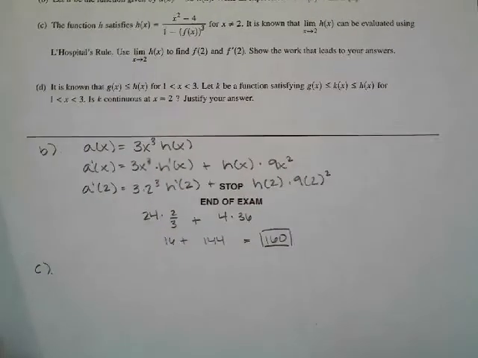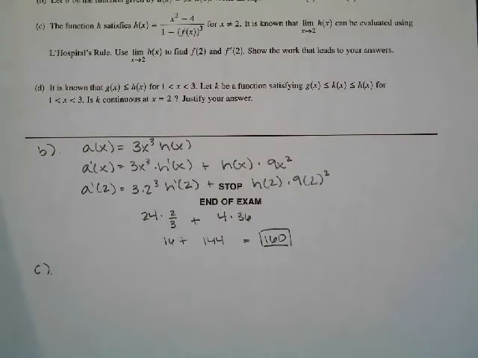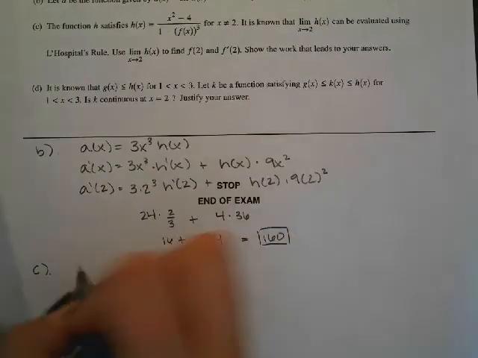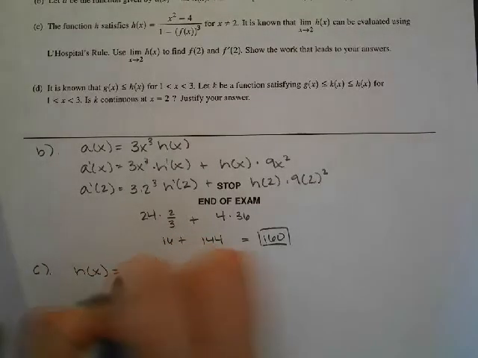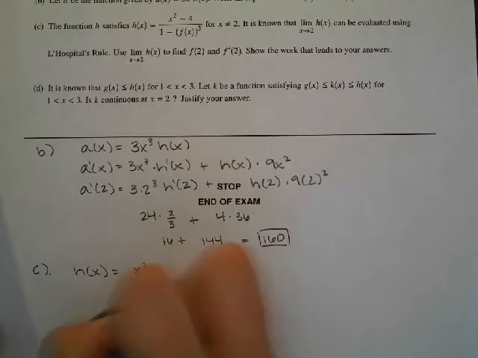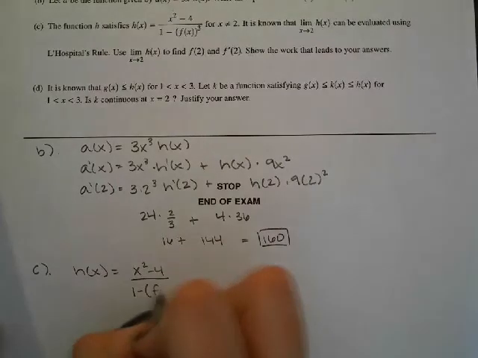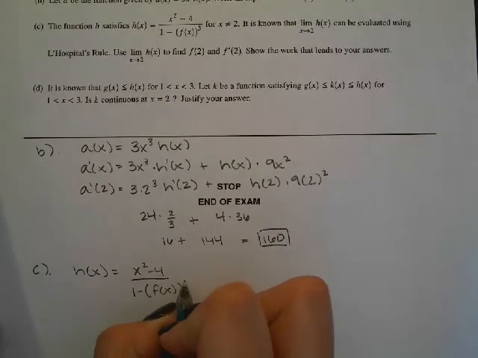All right, part C. So this one is really an interesting question because of them throwing at you that you're doing L'Hopital's rule. So here we're going to say h of x equals x squared minus 4 over 1 minus f of x to the third power.